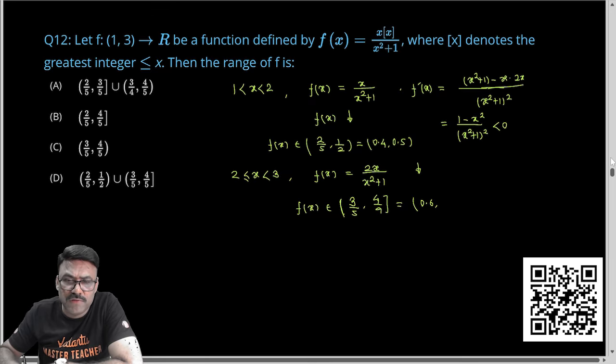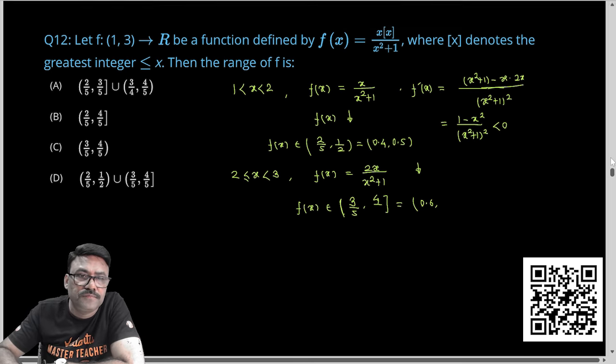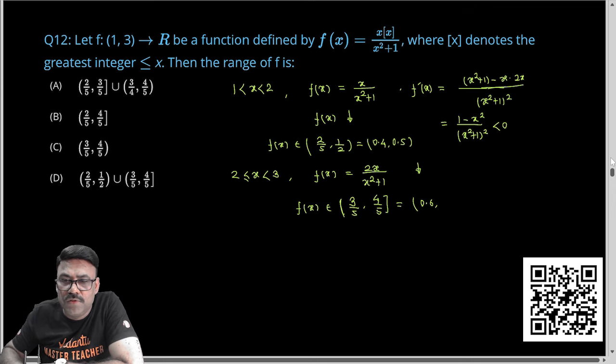In fact, I've done something wrong here. Let me check. At 3 it is 6 by 10, yes, it is 3 by 5. And at 2 here it is 4 by 5. So this one is 0.6 to 0.8. So the range will basically be the union of these two.